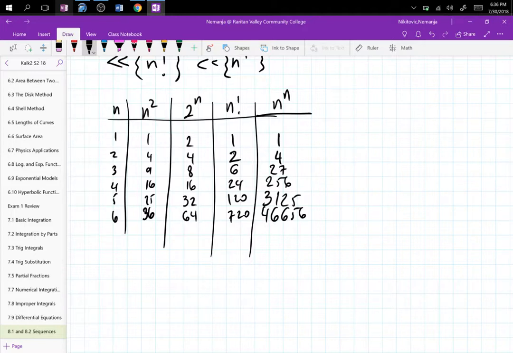I mean, faster growing. Note that factorial lost to both of these, right, on the third spot. But immediately on the fourth spot, it made it up. And then over here, it took off. And then just like, went flying.